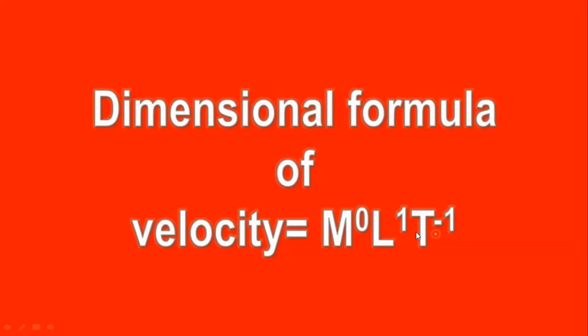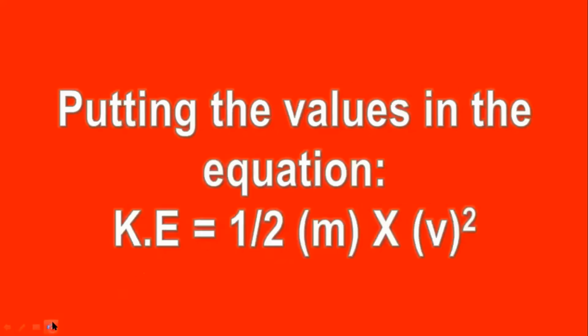Displacement is represented by L and time by T, with the negative power as per the formula because it is a ratio. So we have written the dimension of mass, and now the dimension of velocity.